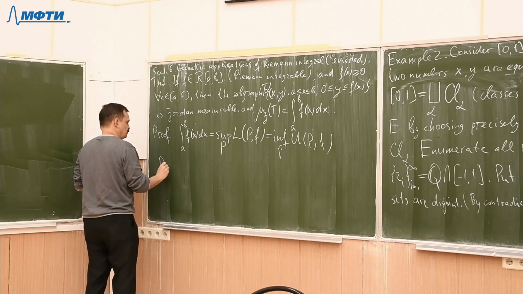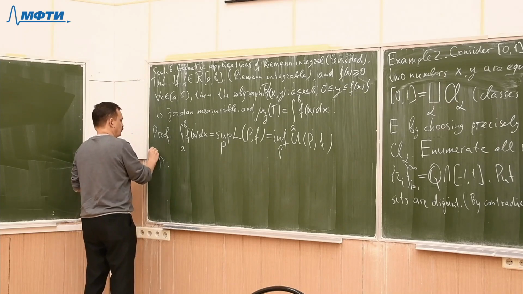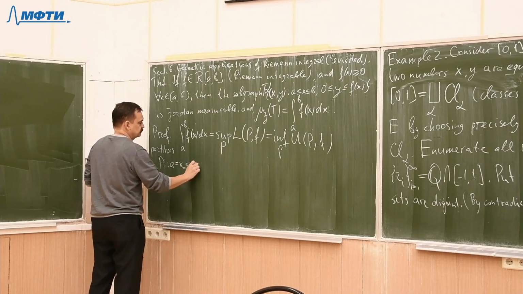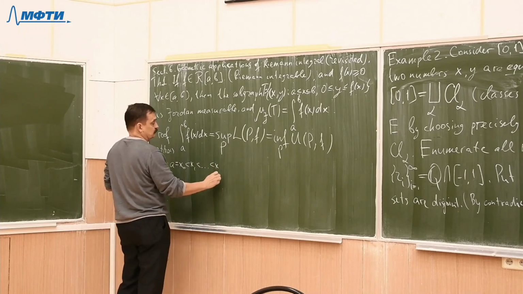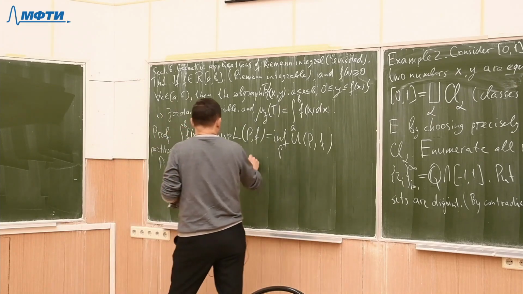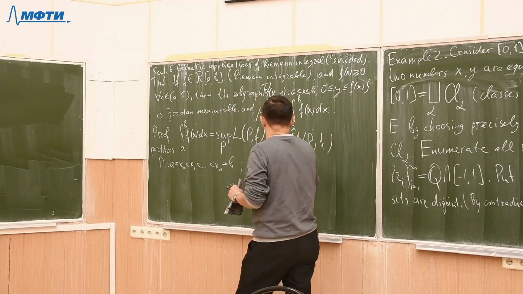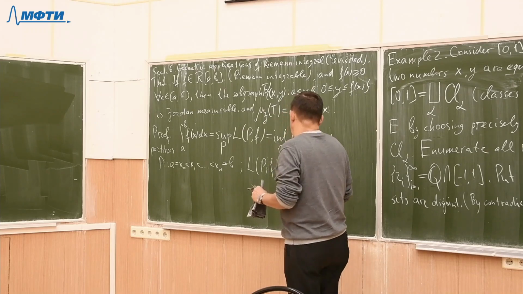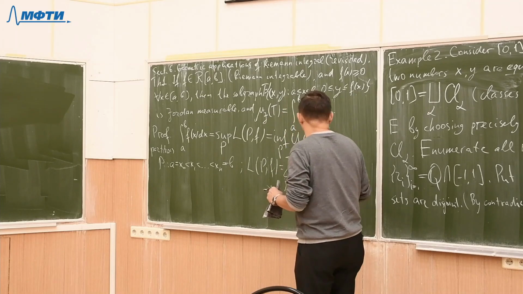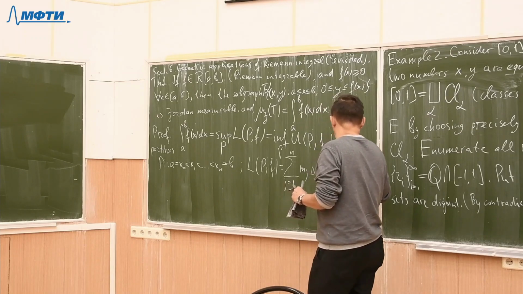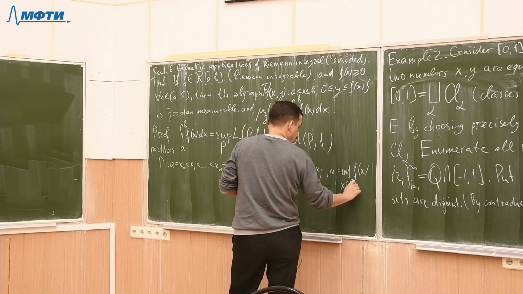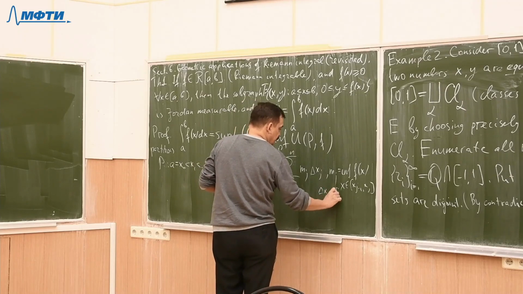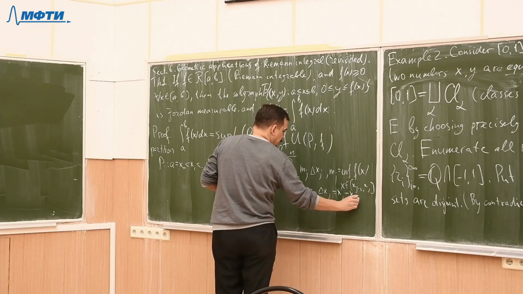So P are partitions of our interval, and the lower Darboux sum is where m_j is the infimum of f(x) on the interval [x_{j-1}, x_j], and Δx_j is the length of this interval, x_j minus x_{j-1}.